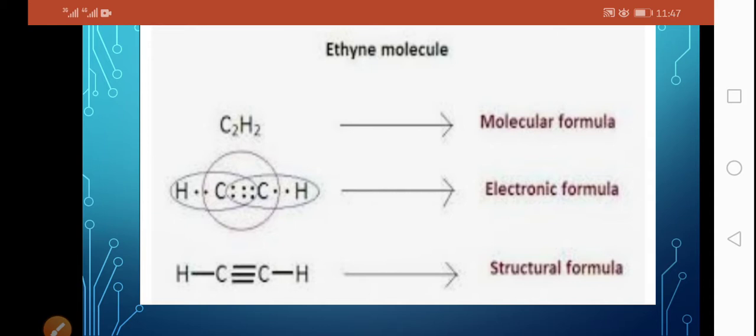The third one is the structural formula of ethyne, in which all the bonds are shown. That is, there is a carbon to carbon triple bond, and the single carbon to hydrogen bonds are also shown here.